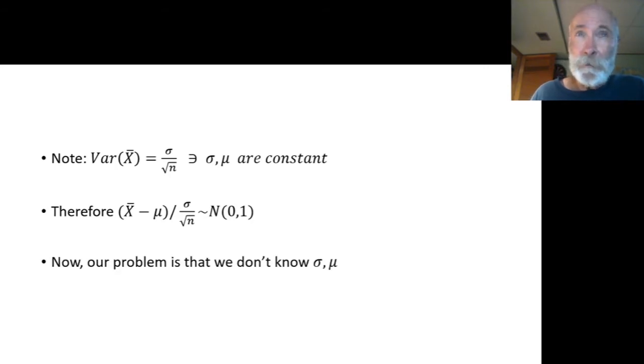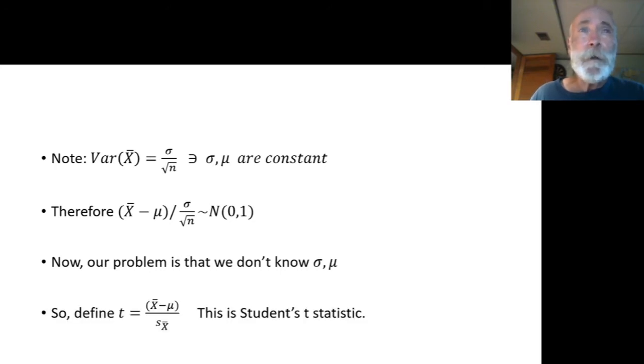The difficulty that we have is that we don't know what sigma and mu are. Those are population values. Those are not sample values. So what we do then is we define our new statistic, our t-statistic, as x bar minus mu divided by, instead of sigma divided by the square root of n, the standard deviation of the mean, which is also referred to as the standard error.